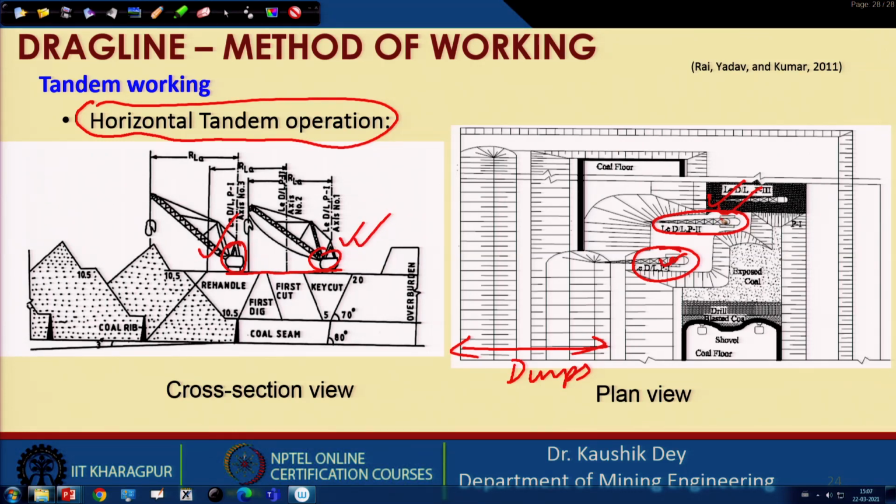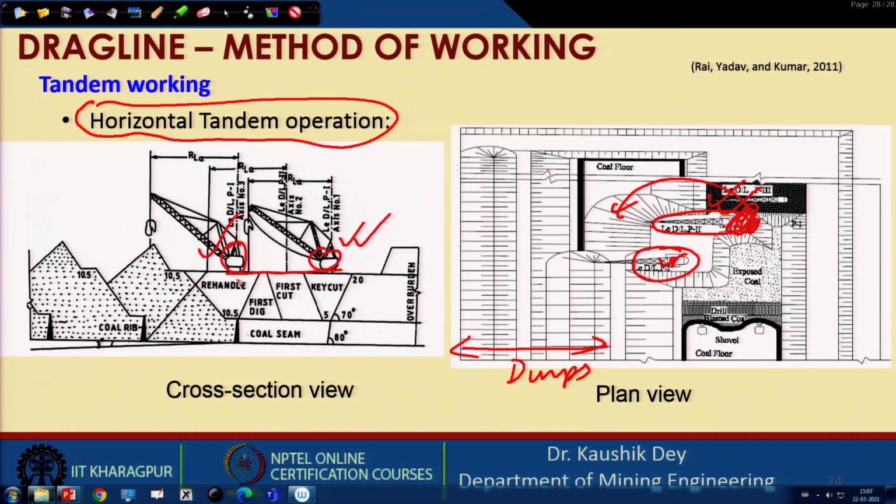This drag line is taking the material from this place and dumping it at this place, and this drag line is taking the material from this place and shifting that to the next phase. So, this is the way the horizontal tandem drag line is working.